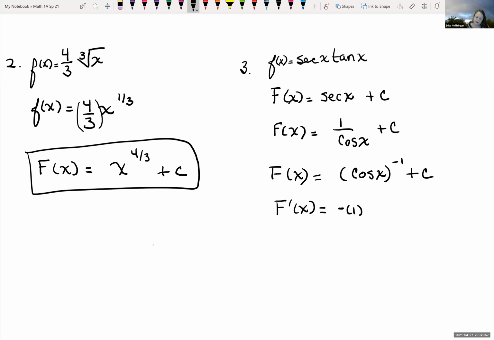Let me just do it. Cosine of x, and the derivative of the inside. Subtract 1 from my exponent, -2, times the derivative of the inside. So the derivative of cosine of x is negative sine x.